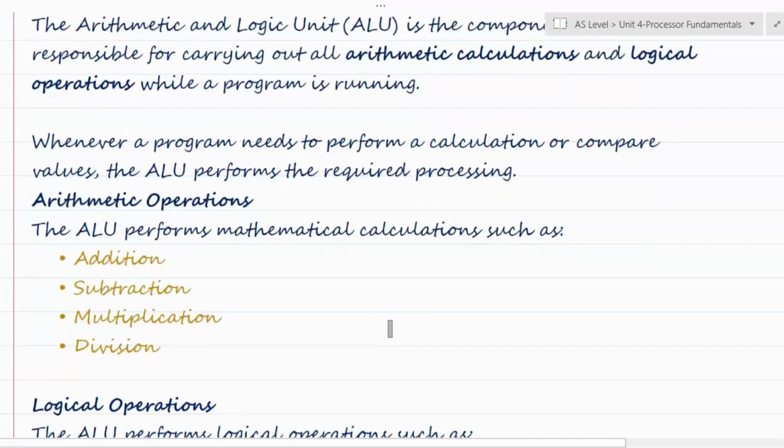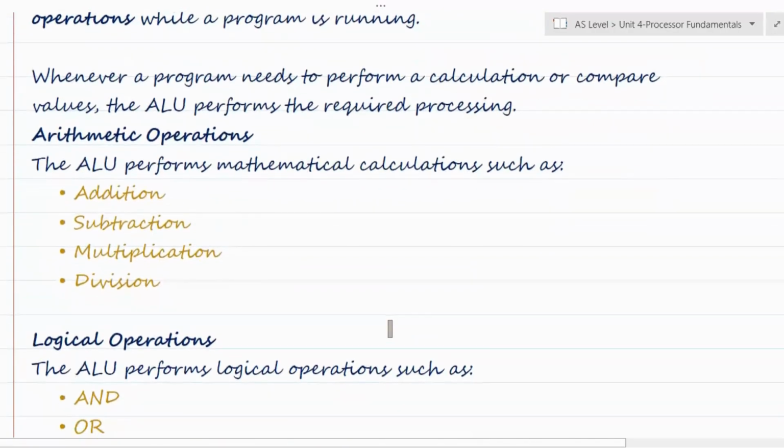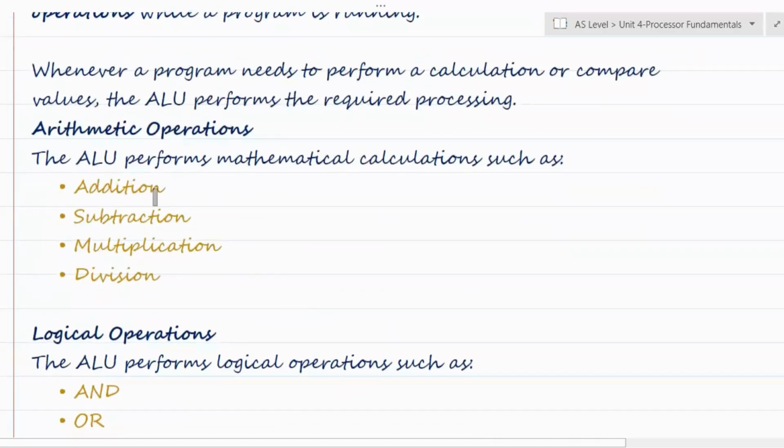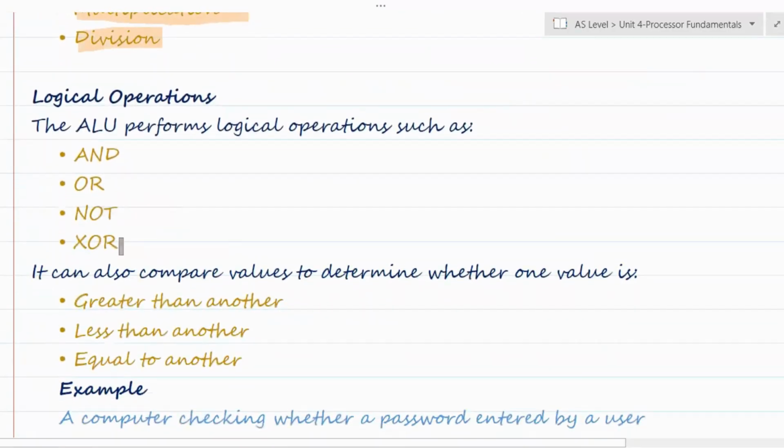Okay? The word arithmetic simply means calculations. So, if you talk about mathematical calculations, the arithmetic logical unit performs addition, subtraction, multiplication, division. When we talk about logical operations, it performs AND operation, OR operation, NOT, XOR.